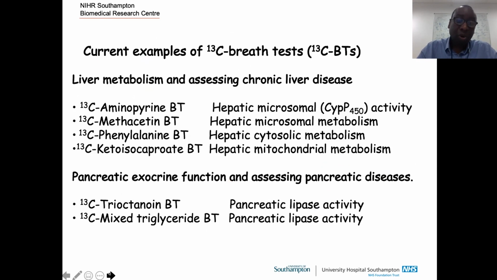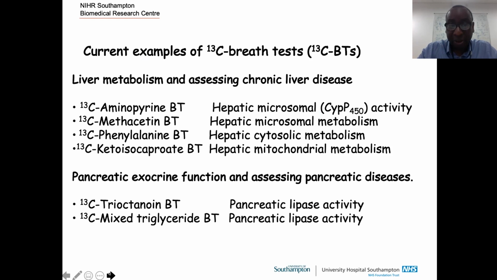So, current examples of 13C breath tests that have been used in clinical research are those used to look at liver metabolism and to assess chronic liver disease, and a few examples are shown on this slide. For example, the 13C aminopyrine is used to look at cytochrome P450 activity or hepatic microsomal metabolism, which is important in drug metabolism.